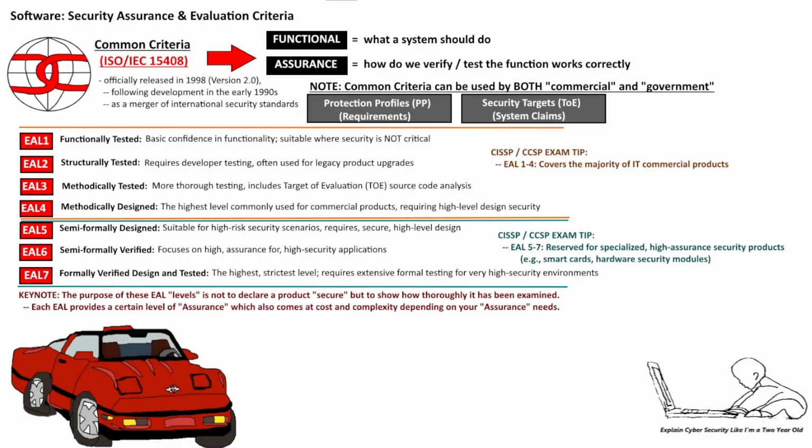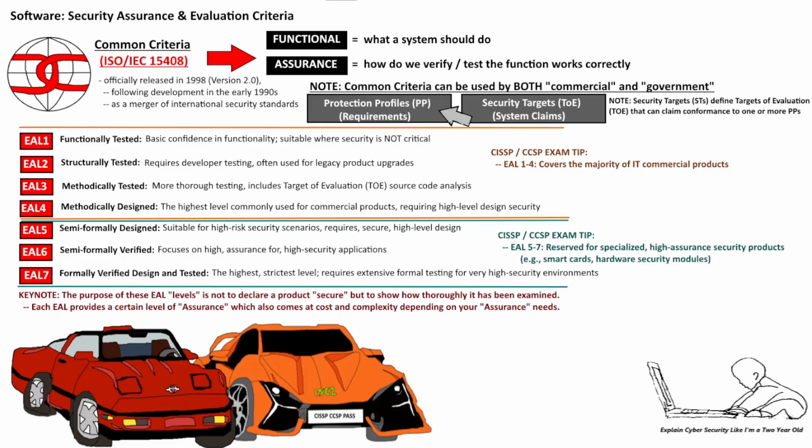And you may also hear the term security targets, which refer to the targets of evaluations, and these are essentially security claims or implementation dependent documents that define the target of evaluation security features, often claiming conformance to one or more PPs, protection profiles. And to bring this full circle, the common criteria has replaced TCSEC and ITSEC and remains highly relevant and is still actively used today as the premier international standard for evaluating IT product security. So common criteria is a pretty big deal.